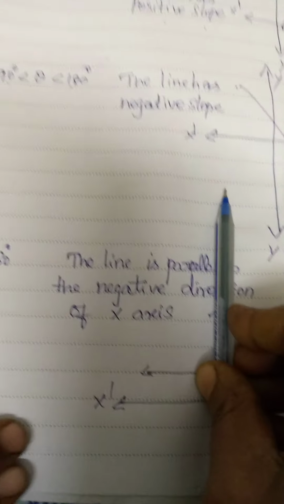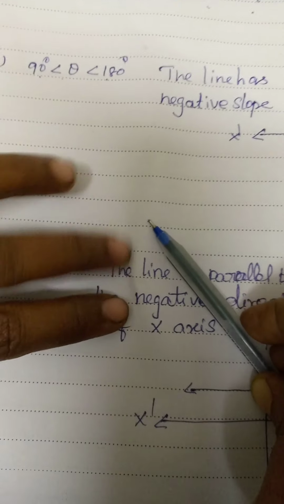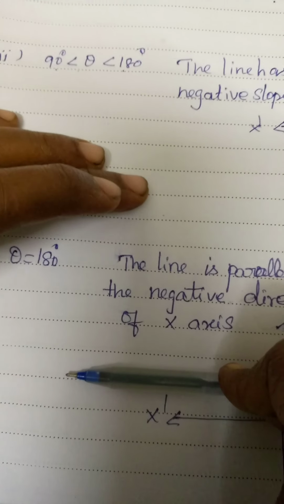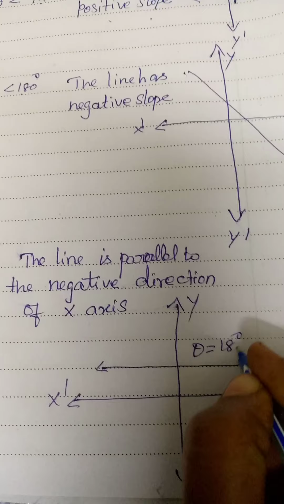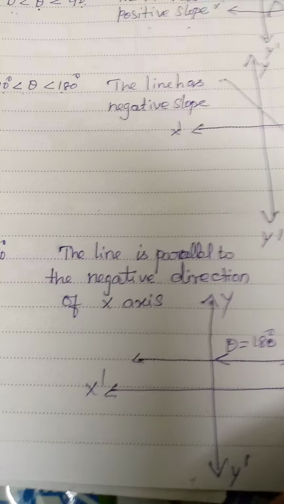This is 90 degree. Again, our condition is 180 degree. Now it becomes the negative direction. So theta equal to 180 degree, negative direction. Understood, children?